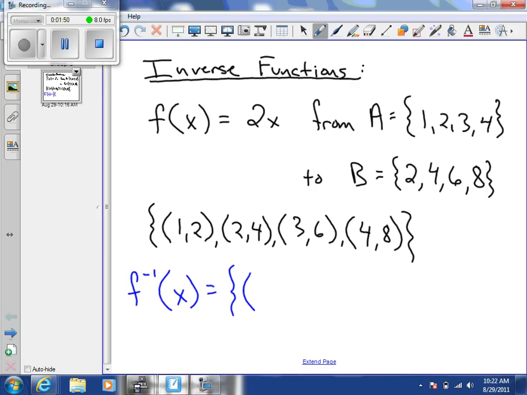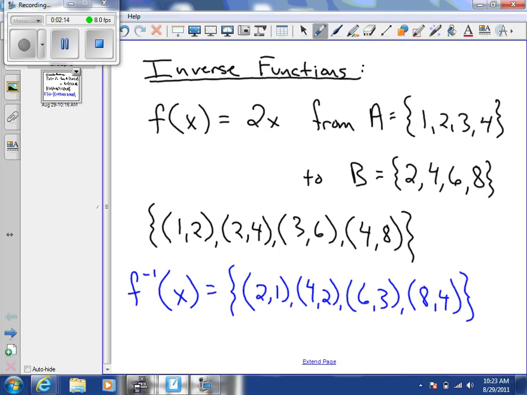So my new set of ordered pairs is (2, 1) instead of (1, 2), (4, 2), (6, 3), and (8, 4). That is a way that we can define the inverse.